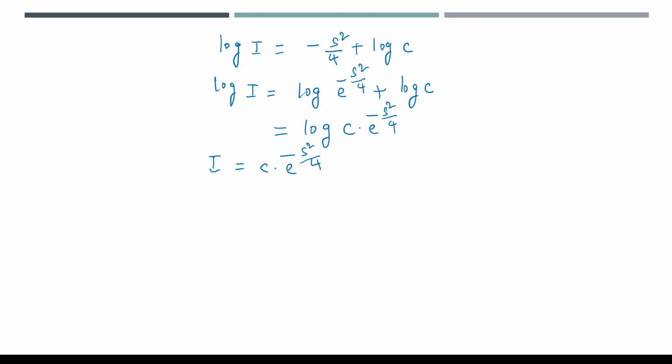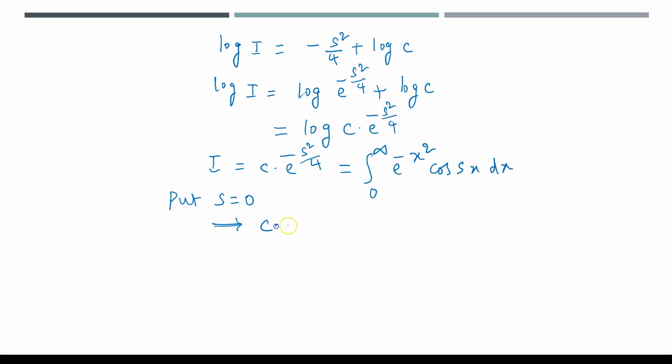Now, what is I? I is the integral from 0 to infinity of e^(-x²) cos sx dx. Now put s equal to 0.